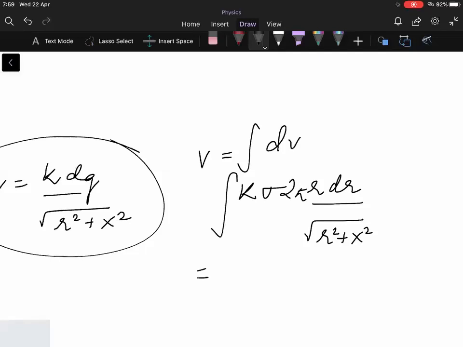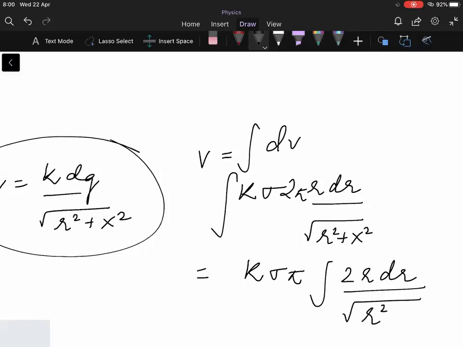So the common terms will come out. So you will take k sigma into pi as constant outside, 2 r dr and under root of r square plus x square. The limits of r is 0 to a.